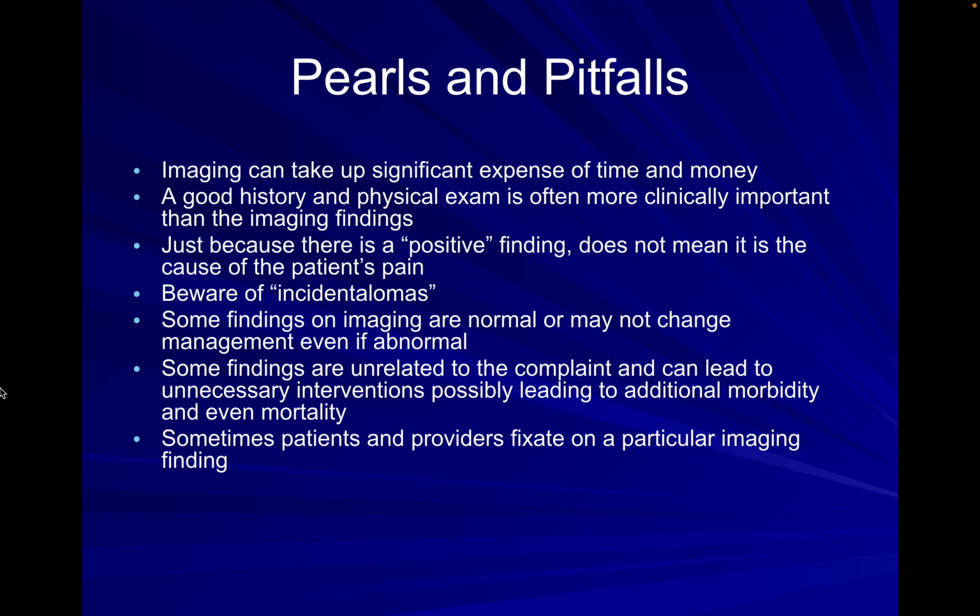For example, if you do a CT scan of somebody's belly looking for a reason for their right upper quadrant pain, and you find that there is an adrenal mass on the left side, and it's not causing them any symptoms, and you wouldn't have had any idea that it was there otherwise, and now you have to figure out what to do with this imaging finding. And so those are called incidentalomas, meaning an incidental finding.